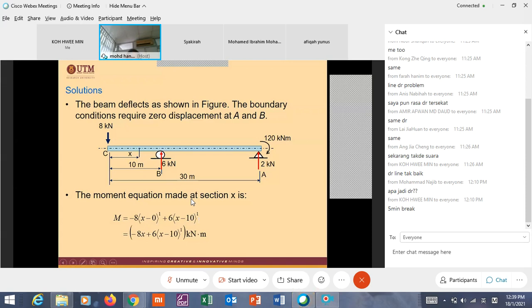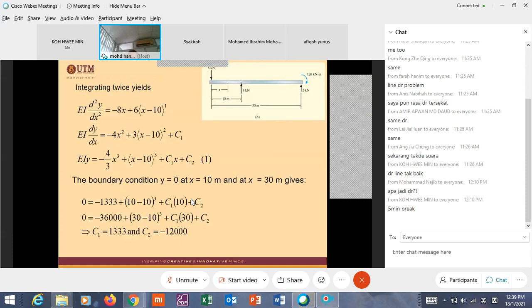Okay, next. I hope you can understand. So this one, M is equal to EI d squared y over dx squared, equal to what we have derived just now. Integrate, you have slope equation.